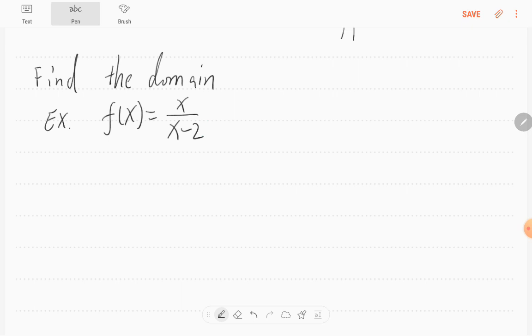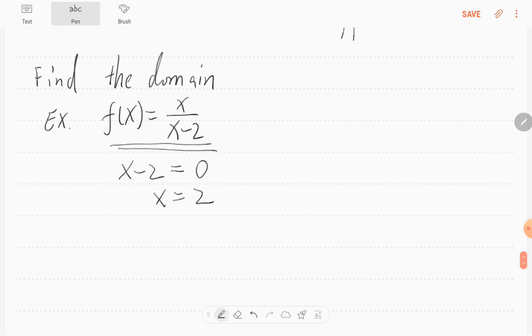But from this function, we notice that the denominator cannot be 0. So we cannot plug in x values such that x minus 2 equals 0. So what is that x value? x equals 2.